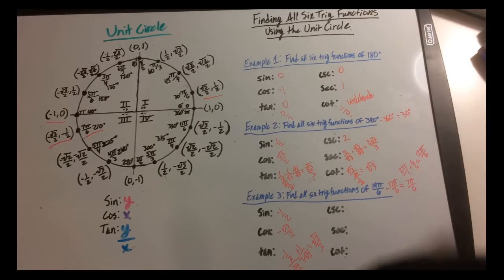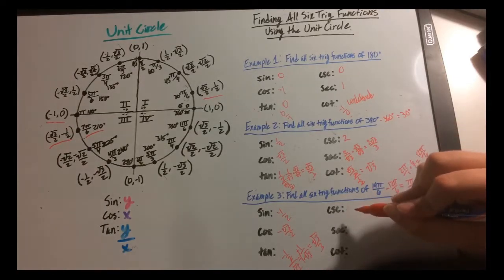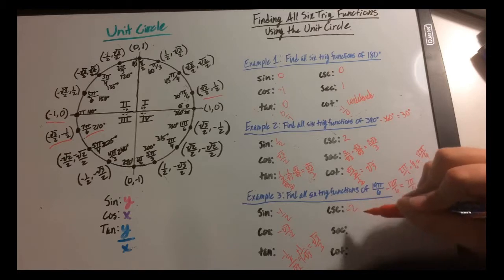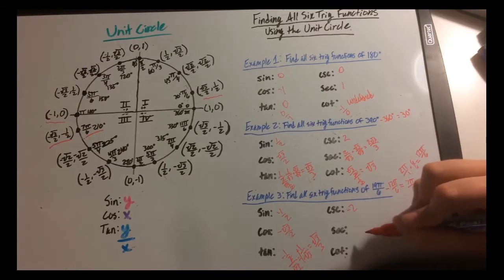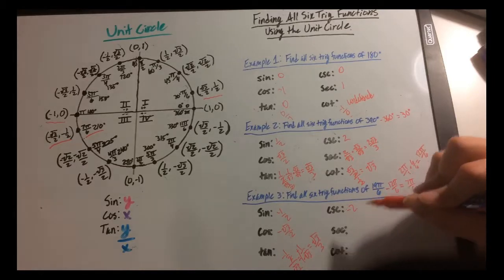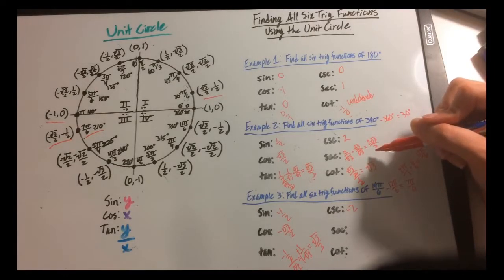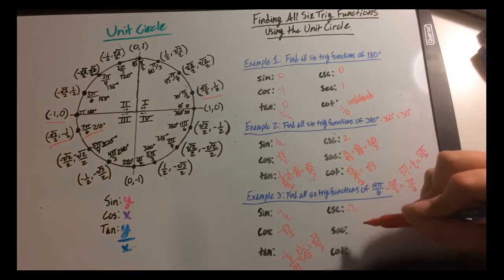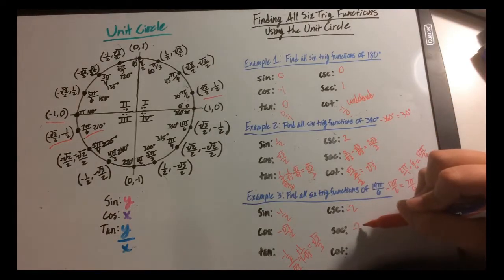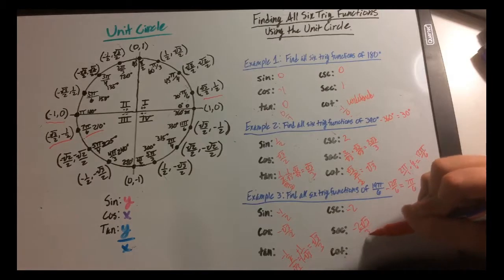So moving on to cosecant, it's the same process as before. So negative 2 over 1 would give you negative 2. And then negative 2 over the square root of 3, using the same simplifying process as here, would give you negative 2 square root of 3 over 3.